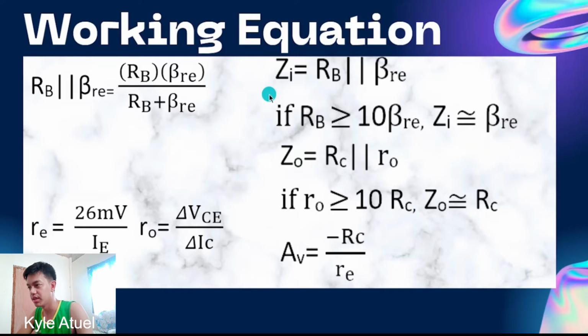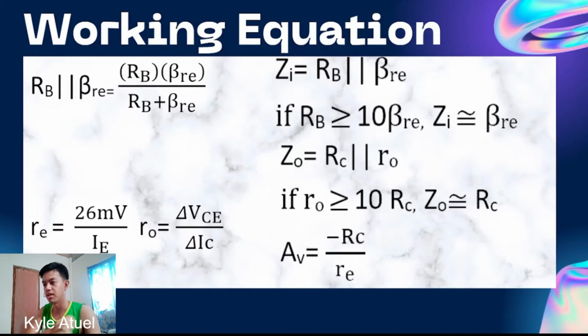Here is the input impedance, and it is equal to the parallel of RB and beta RE. Here, if RB is greater than or equal to 10 times beta RE, the input impedance will approximately equal beta RE.